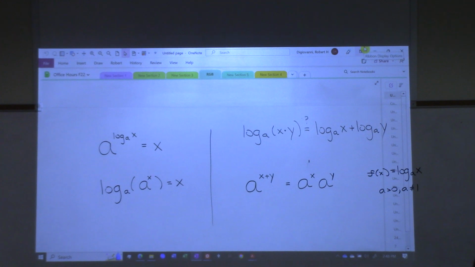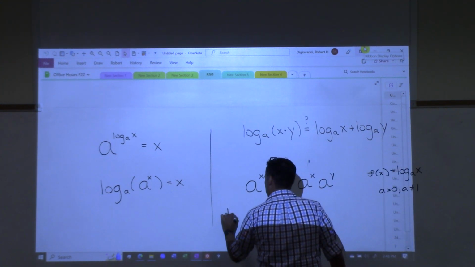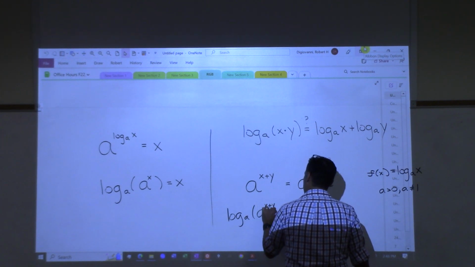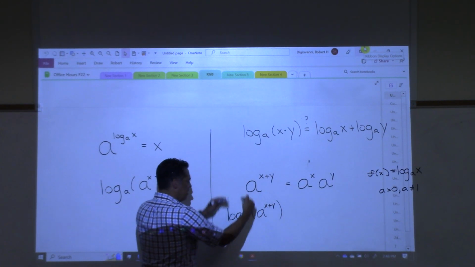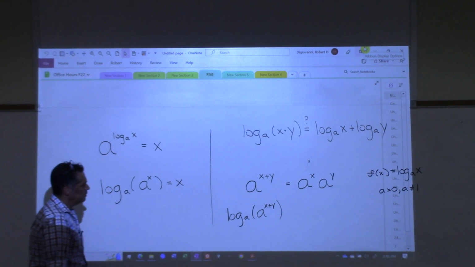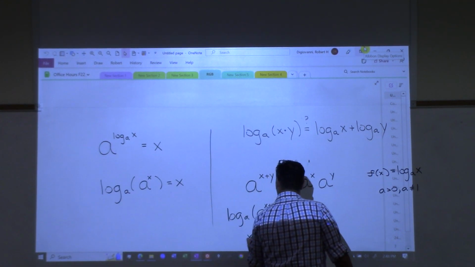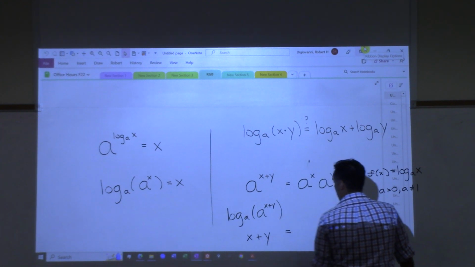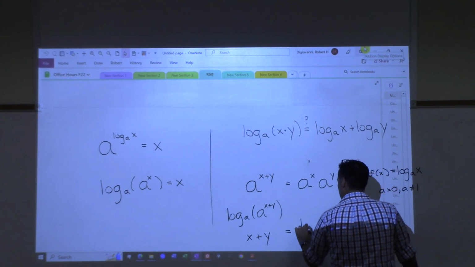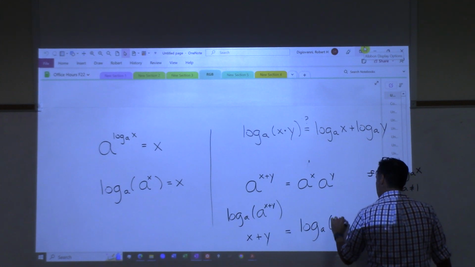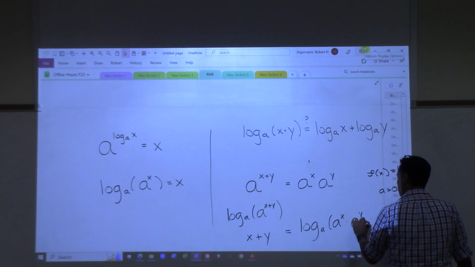Okay, what would log base a of this be? So if I take log base a on this side of the equation, what would I get over here? x plus y, right? And then over here, what would happen if I take log base a of a to the x times a to the y?